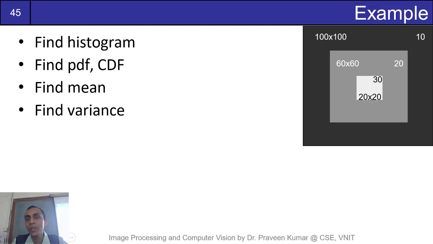The actual image is 100 by 100 in size, and most of the outer pixels have intensity value 10. The middle one of 60 by 60, except this 20 by 20, has another intensity value 20, and this has 30. So what will the histogram of this image look like?